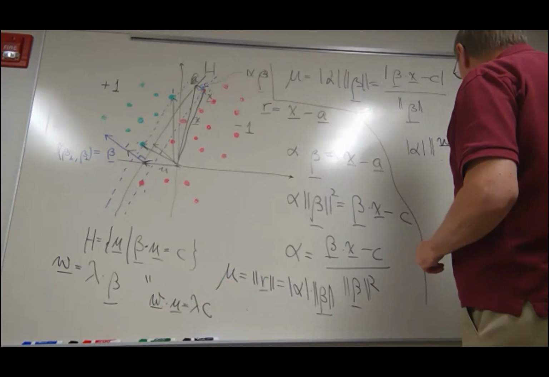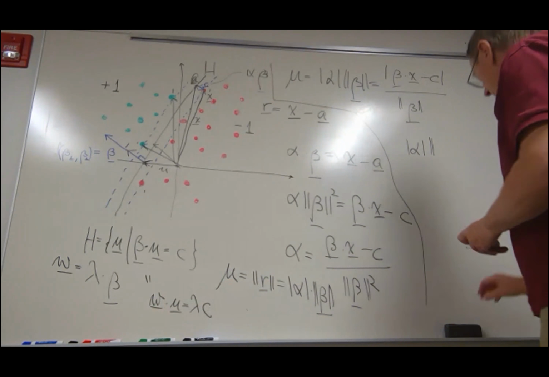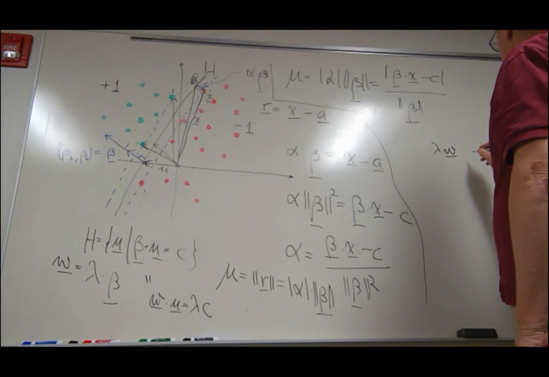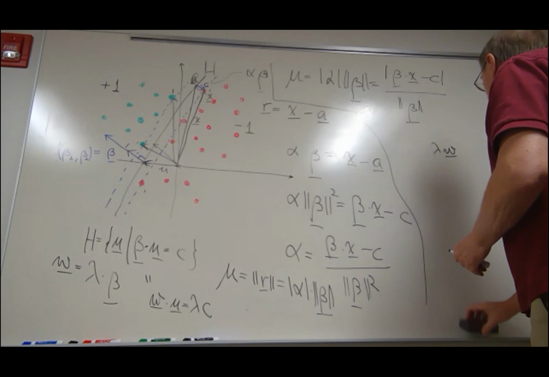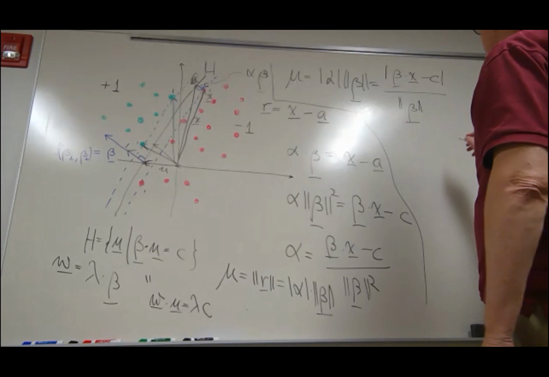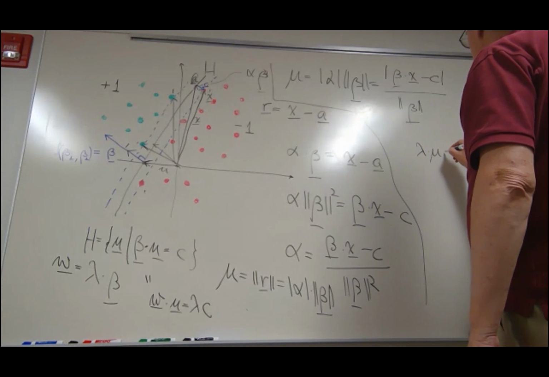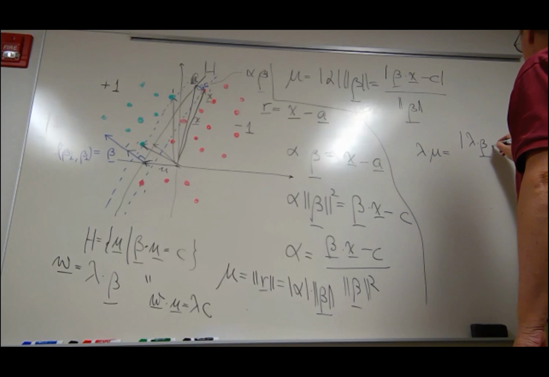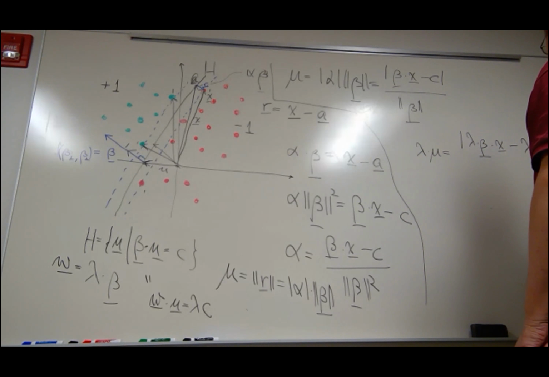Can you still see it? Yes. So if I multiply this whole thing by lambda, I get lambda times mu is equal to lambda beta dot x minus lambda b, divided by lambda w.